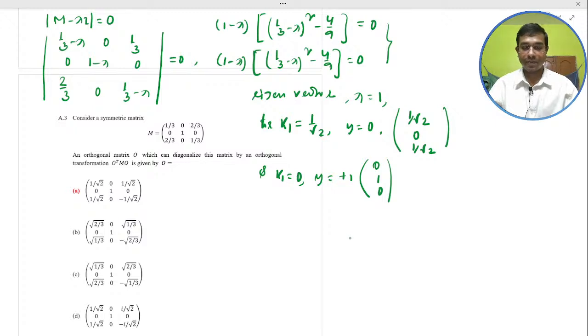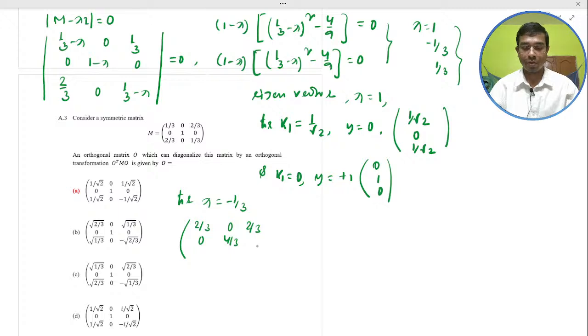For lambda equal to minus 1/3 and 1/3, see the eigenvalue. Next for lambda equal to minus 1/3, you would get 2/3, 0, 2/3, 0, 4/3, 0, 2/3, 0, 2/3.